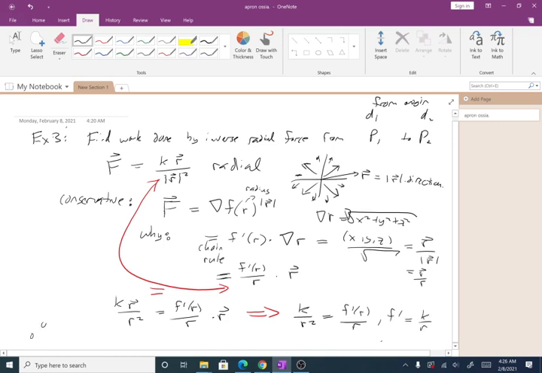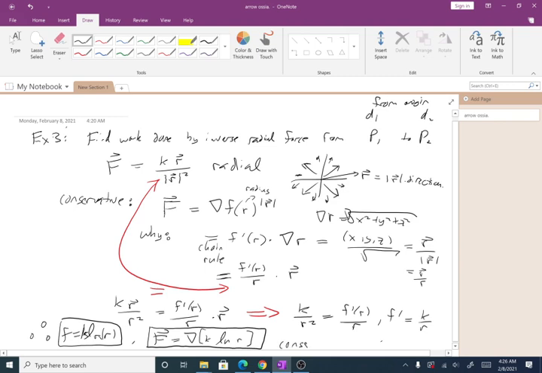We conclude f is k times the logarithm of r. So in other words, our vector field is the gradient of k times the logarithm of r. So it's a conservative vector field. And if you're given, for example, r cubed, you can follow the same procedure to deduce what the potential function is.